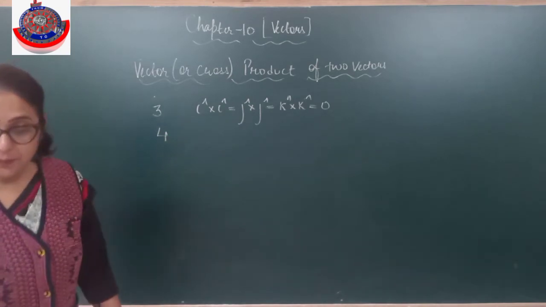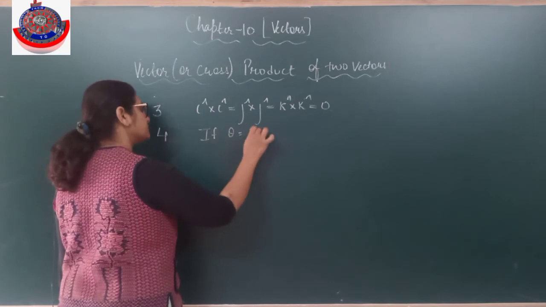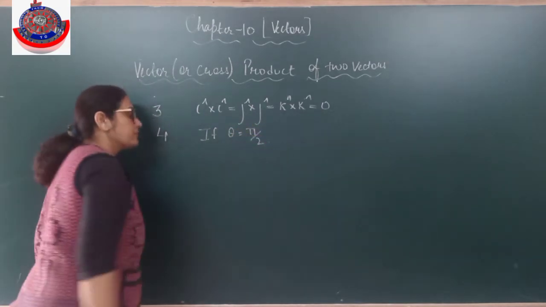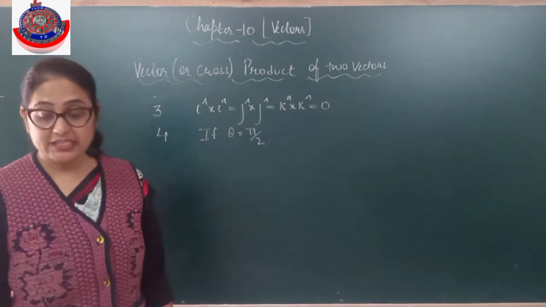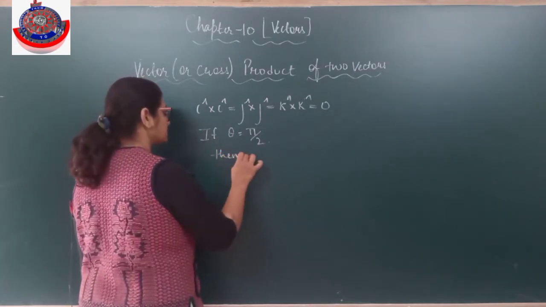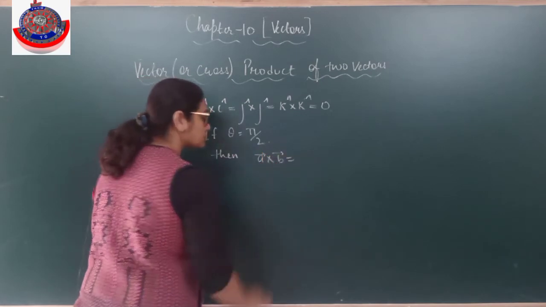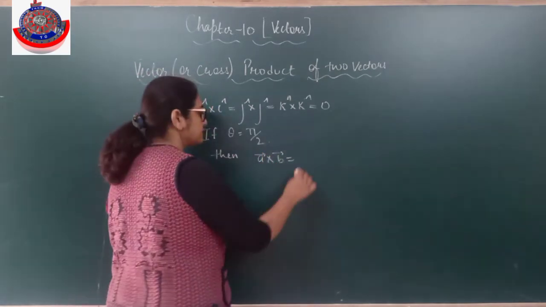Now the fourth point. If theta is pi by 2, then what will happen? What will be the answer?